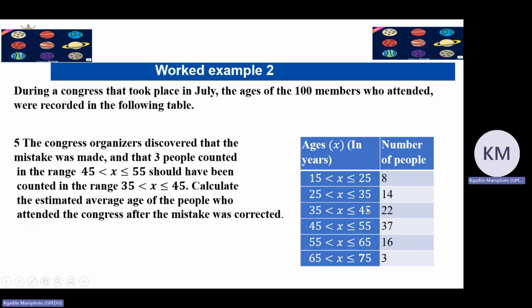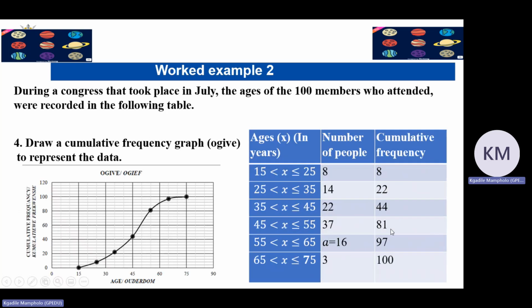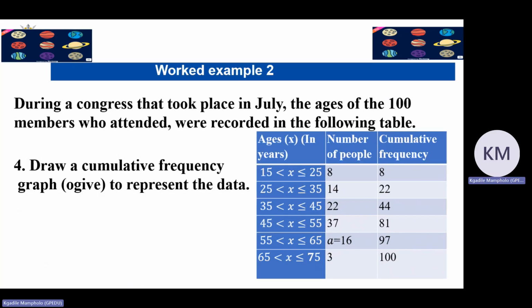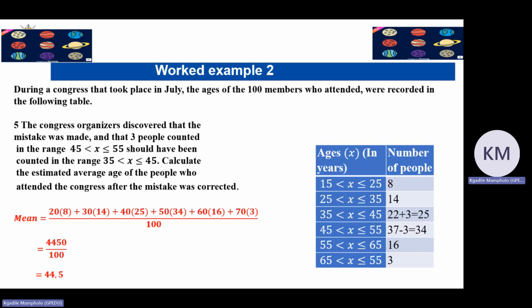Then you just subtract 3 from this 45 to 55 interval, and you add 3 to the interval between 35 and 45.